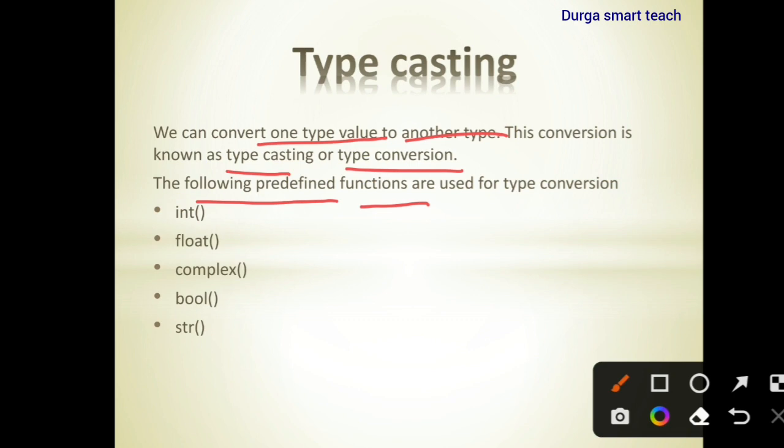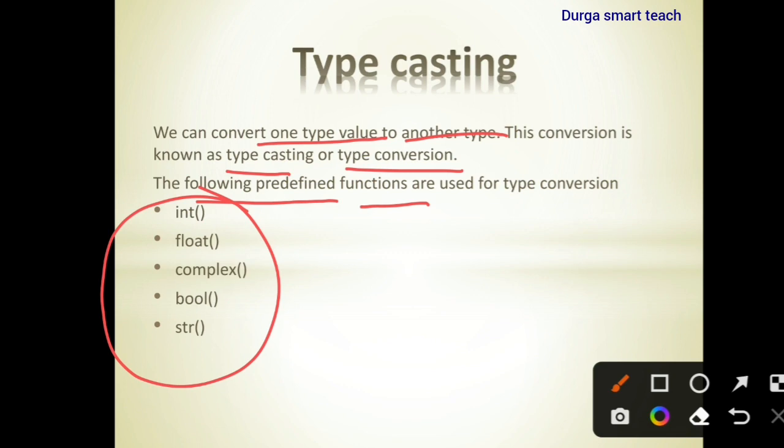Those predefined functions are, so what is a function? A function is a subprogram which is used to perform some specific task. Here there are 5 types of built-in functions. These 5 built-in functions are predefined, so their task is also predefined.